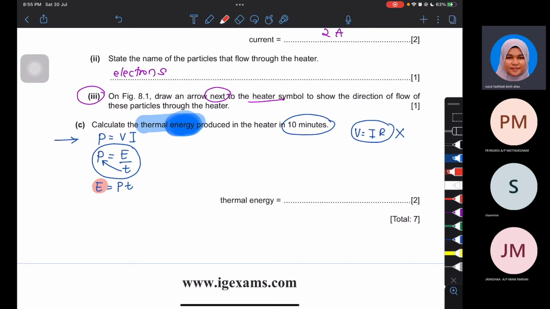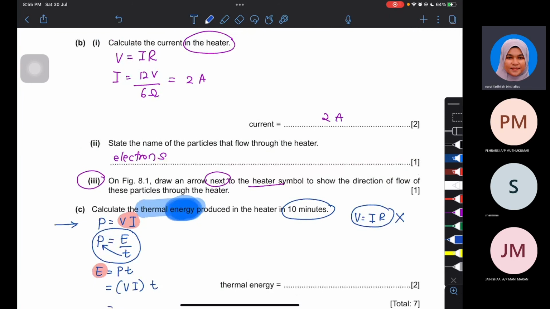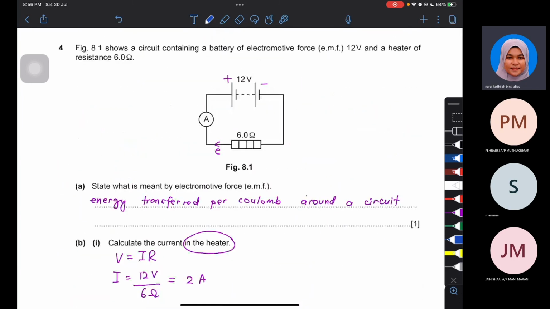Okay, tapi kita tak tahu power. Do we know the power? Tak. So No, teacher. Jadi power equals to VI. So you substitute VI T. Jadi now you know V. Do you know V? Tahu. Tadi V kita diberi berapa tadi? 12.